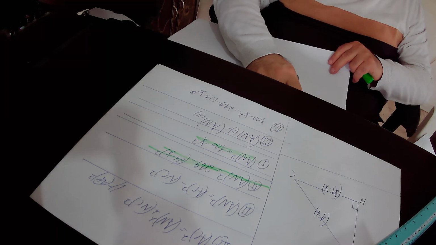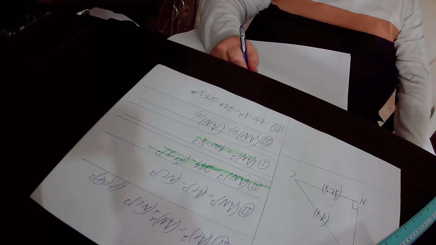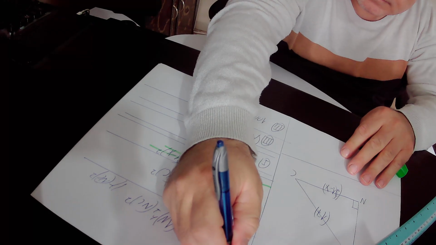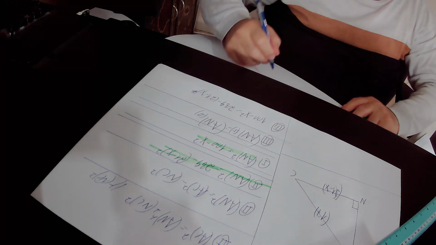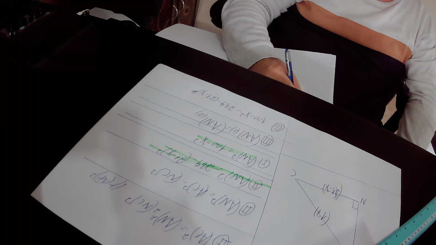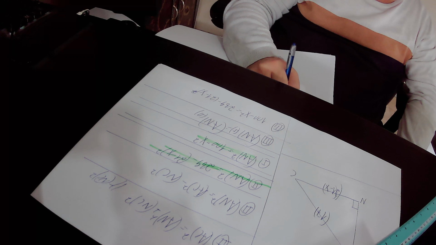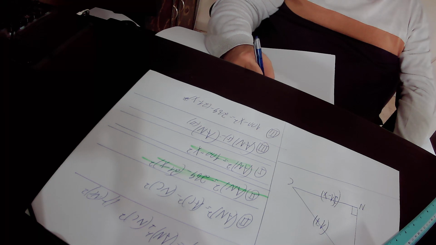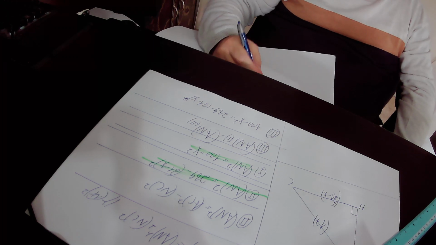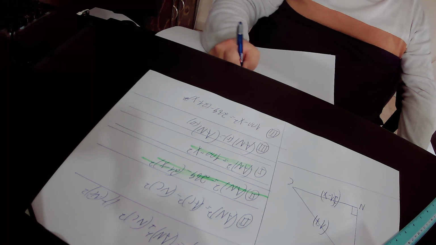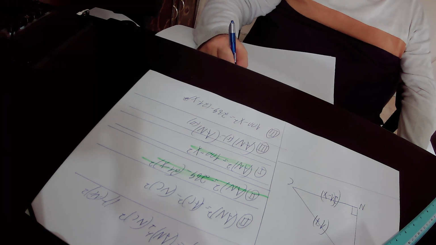It equals 21 squared, that is 441, plus x squared, minus 2 times 21 times x, which is minus 42x.